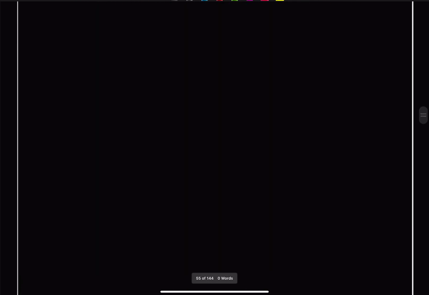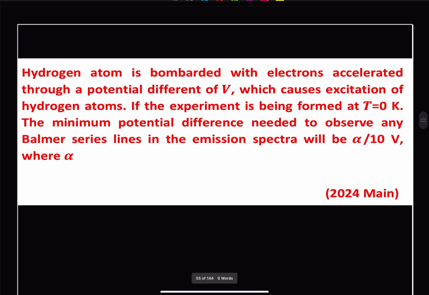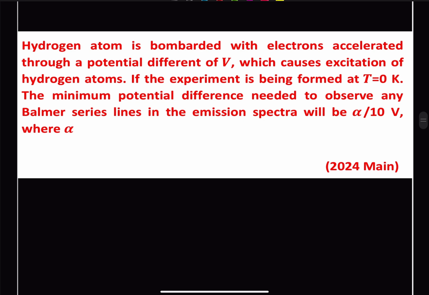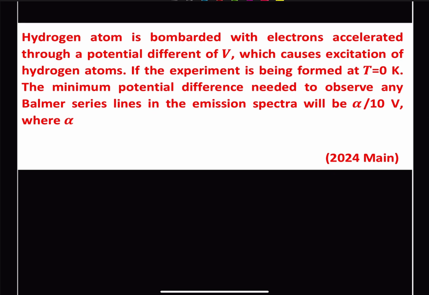Next question. It states that a hydrogen atom is bombarded with electrons accelerated through a potential difference of V, which causes excitation of hydrogen atoms.